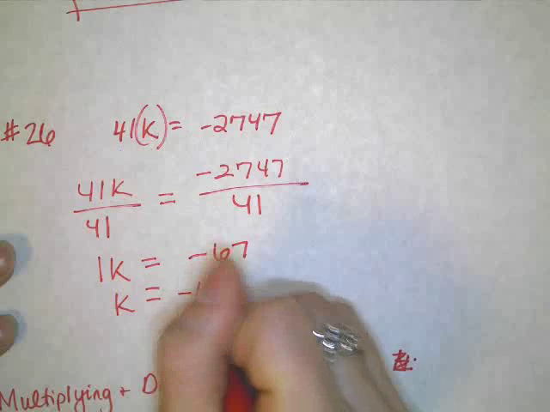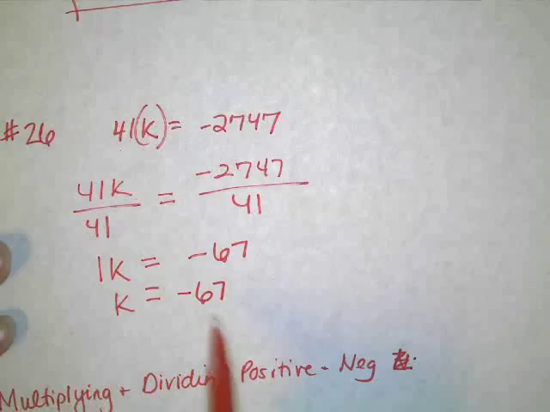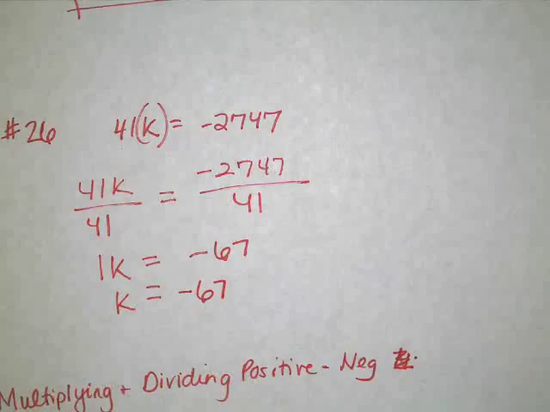So, Sam, can I say that my answer is K equals negative 67, or do I have to do something else? But what do I have to do to know that I got the right answer, Kelly? Check it. And how do I check it? By plugging it in.